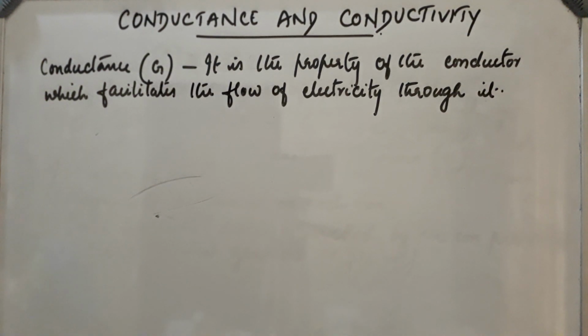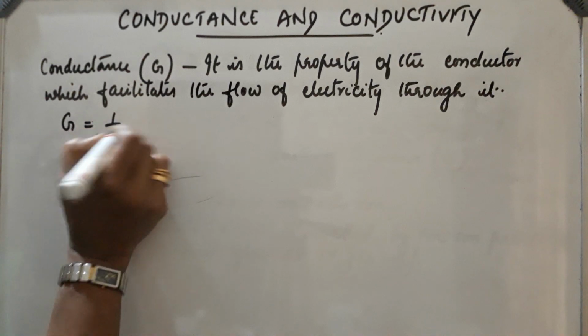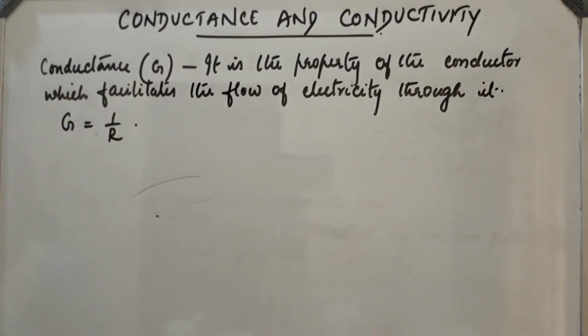And what is resistance? Resistance is the opposition offered to the flow of current, and conductance is the flow of electricity through the conductor. We know R is resistance, so G will be equal to the reciprocal of resistance.